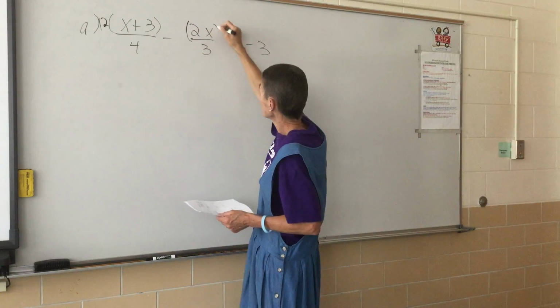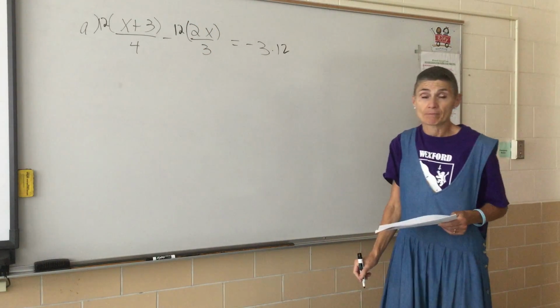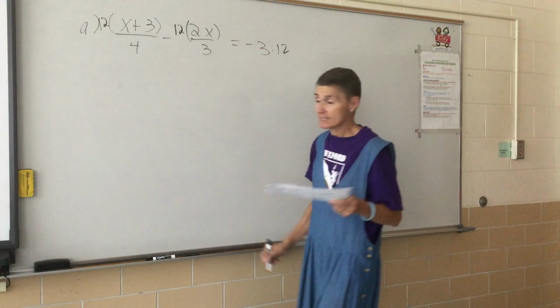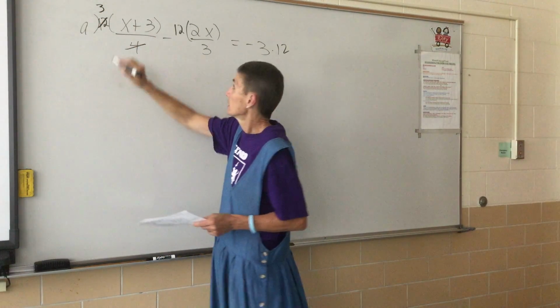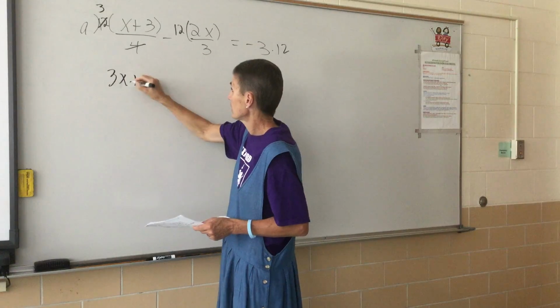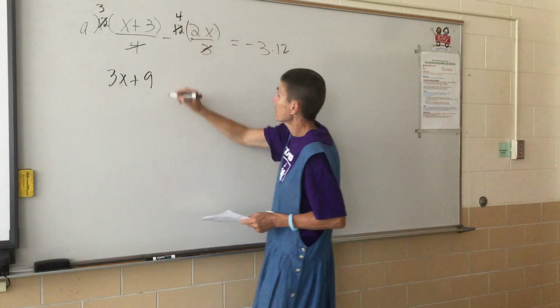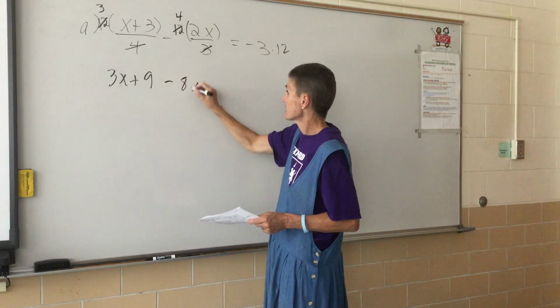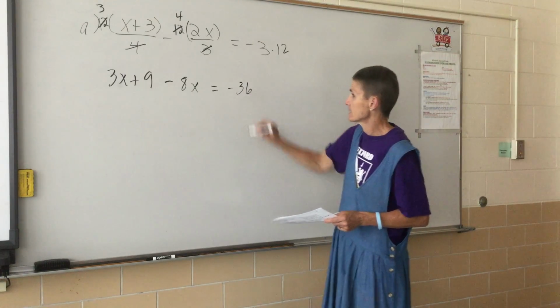I am physically going to write a 12 next to each of these so that I can see 4 cancels into 12 3 times, leaving me with 3x plus 9. 3 goes into 12 4 times, leaving me with minus 8x. And negative 3 times 12 is negative 36.